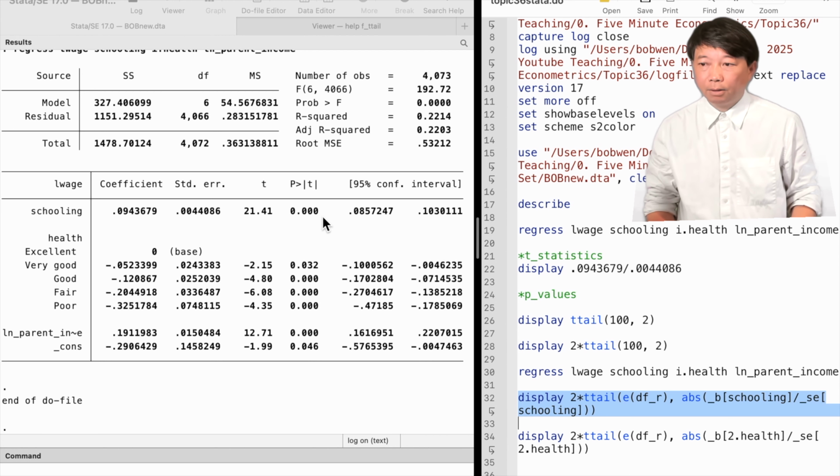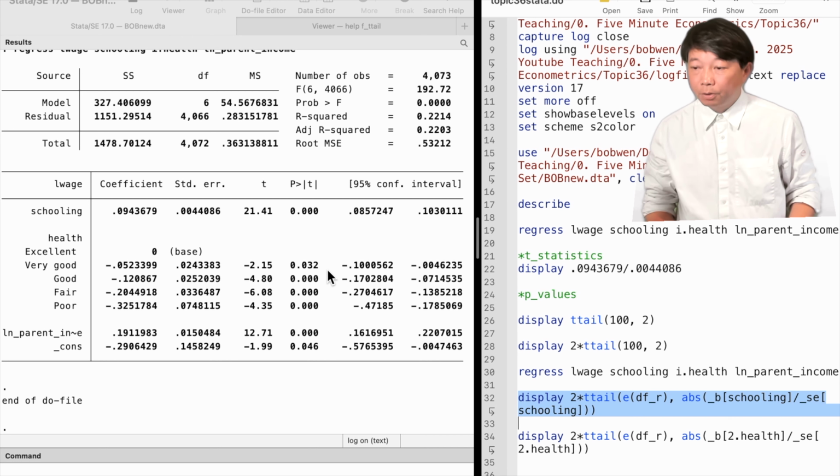Let's take a look at the p-value of another variable, the dummy variable, very good health. Its p-value is 0.032. The base category is excellent health. The null hypothesis is that there's no difference in wages between the workers with very good health and those with excellent health after controlling for other variables in the model.